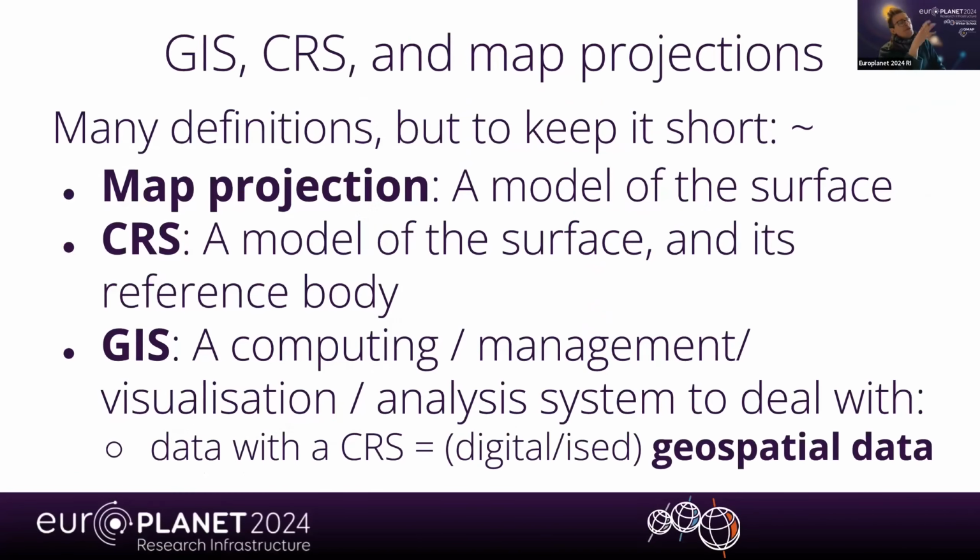Plus, typically with GIS, in general mapping or geospatial data, there are a lot of definitions. Some of them are very complex. At the end of the day, to sum it up, a map projection is a representation of a model of your surface. And the CRS is something that also embeds the reference body you have.